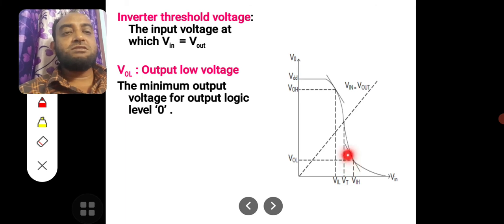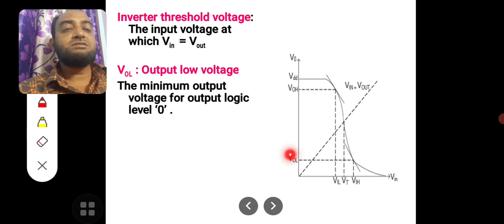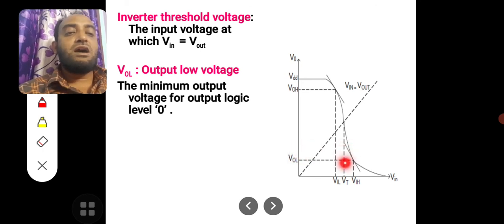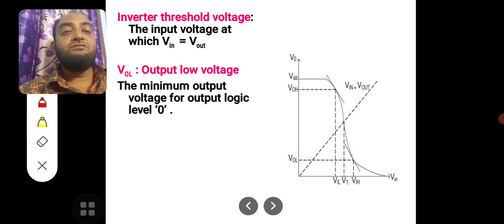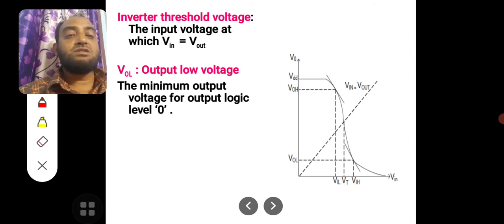If it is above VOL, it is not treated as 0. Under VOL, you can say the output is 0. If it is more than VOL, you cannot say the output is 0. That is the meaning of VOL.